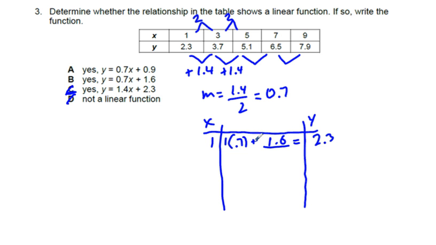Okay, 0.7 plus 1.6 equals 2.3. For x equals 2, we have 2 times, well, actually we have to use 3, right? Because we have an input of 3. So input of 3, we have 3 times 0.7 plus 1.6. We should be equal to 3.7. Check that out. So 3 times 0.7 is going to be 2.1 plus 1.6 is going to equal 3.7. Check. So B is our correct answer for number 3.